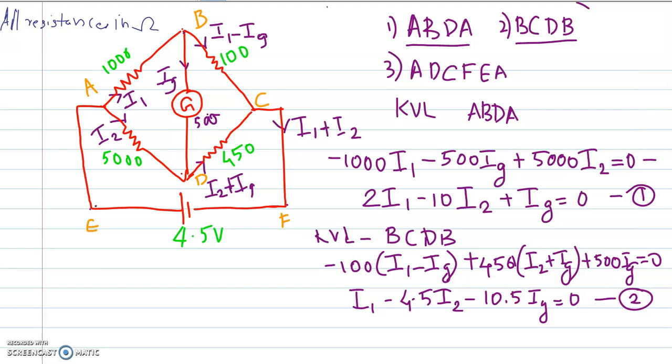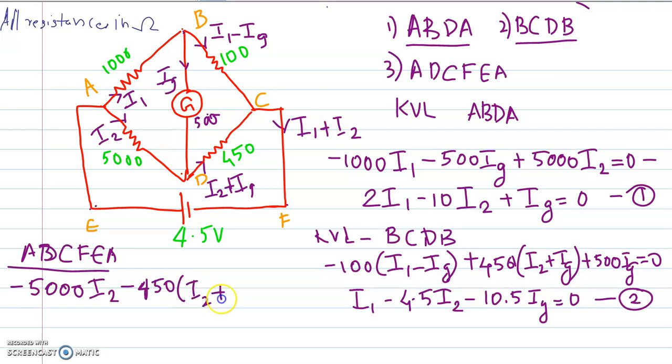Now we have the last loop, that is ADCFEA, and I am writing the KVL from A to D. I am moving in the same direction as the assumed current I2, so it is minus 5000 I2. From D to C, I am moving in the same direction as the assumed current, so it is minus 450 (I2 plus Ig).